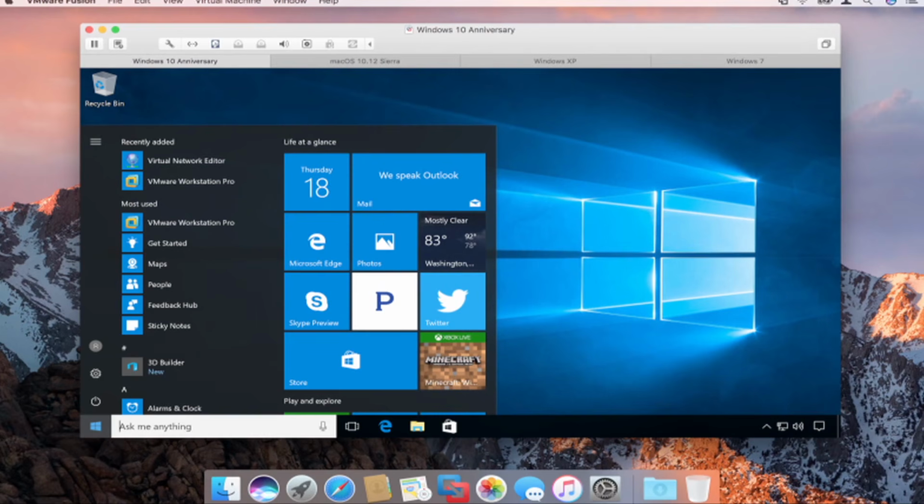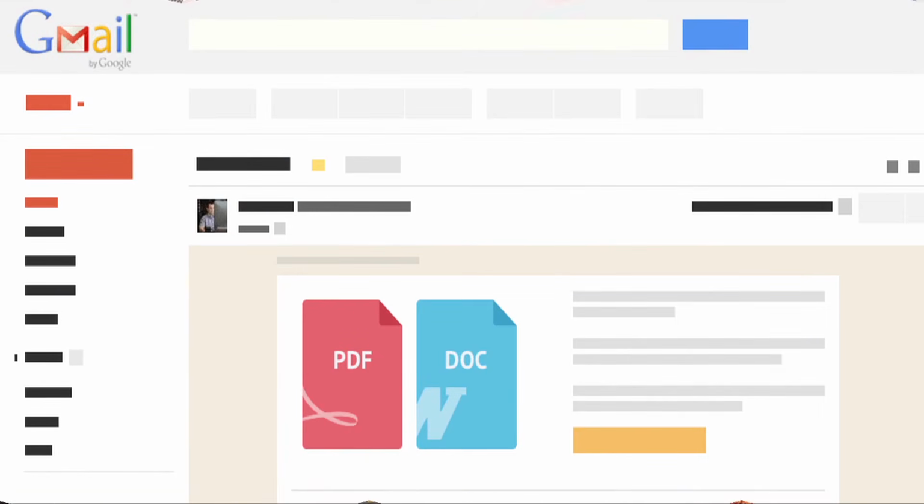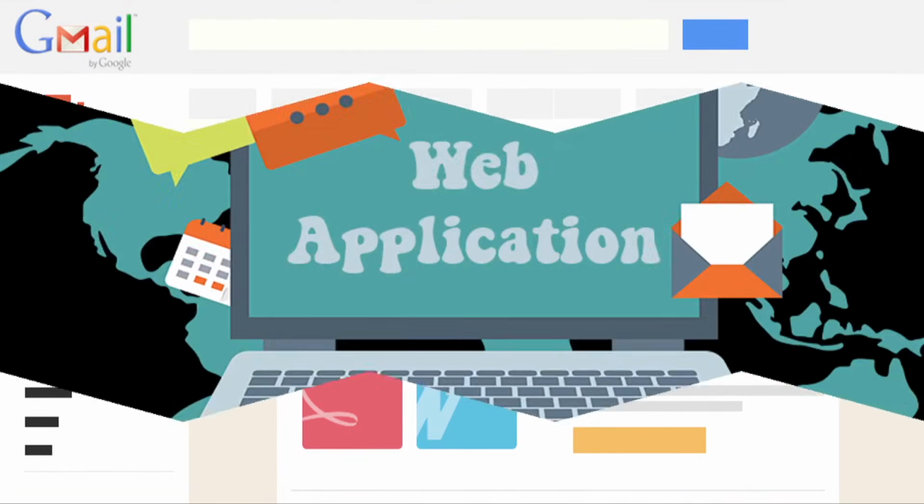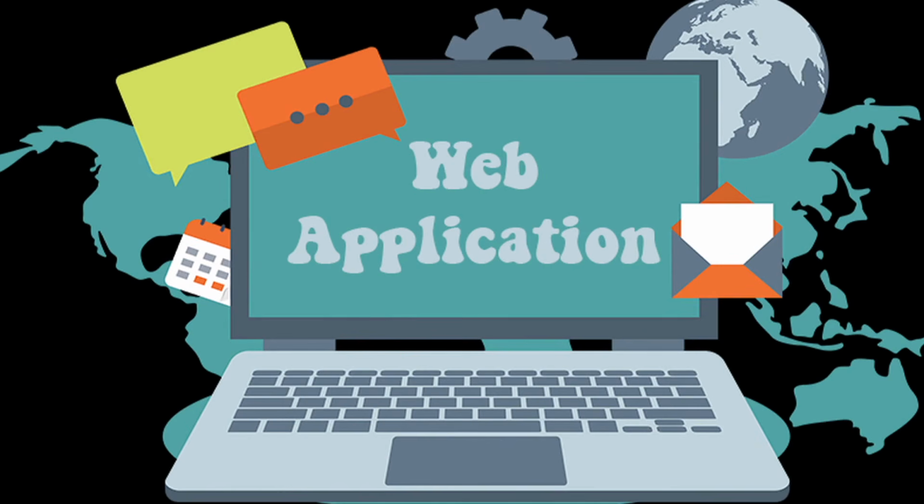PDF is an operating system independent and printer independent way of presenting the same text and images on many different systems. PDF has been widely accepted by a number of organizations. PDF documents can be sent as email attachments or accessed from a web application.